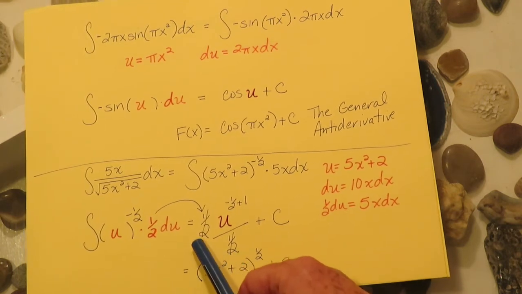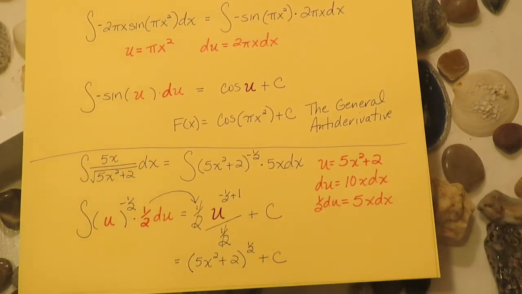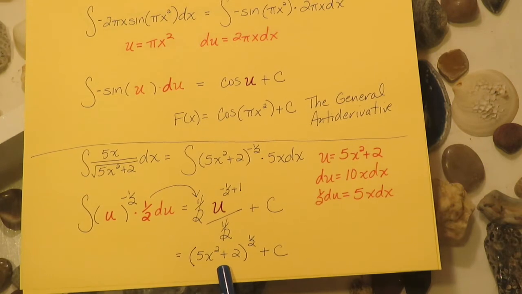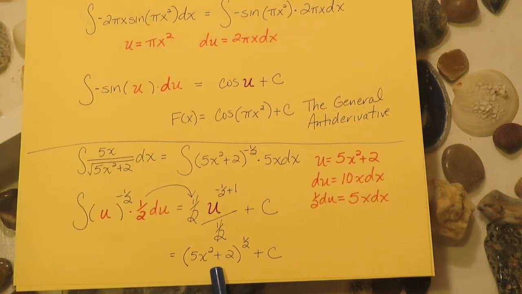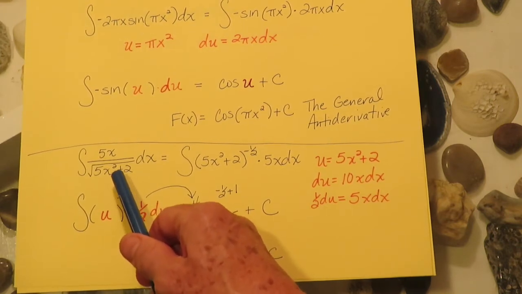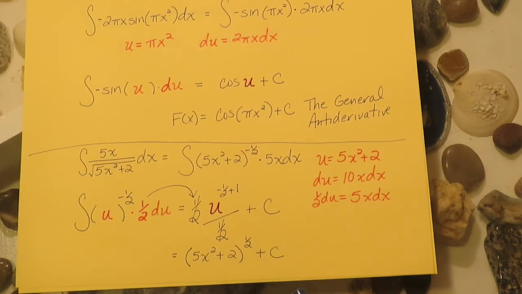Notice in this case, this 1/2 and that 1/2 divide out, and basically I have found the antiderivative of that power function. But I started off with x's and not u's, so I'm replacing u with 5x squared plus 2. And so the antiderivative of this is 5x squared plus 2 to the positive 1/2 power plus some arbitrary constant.